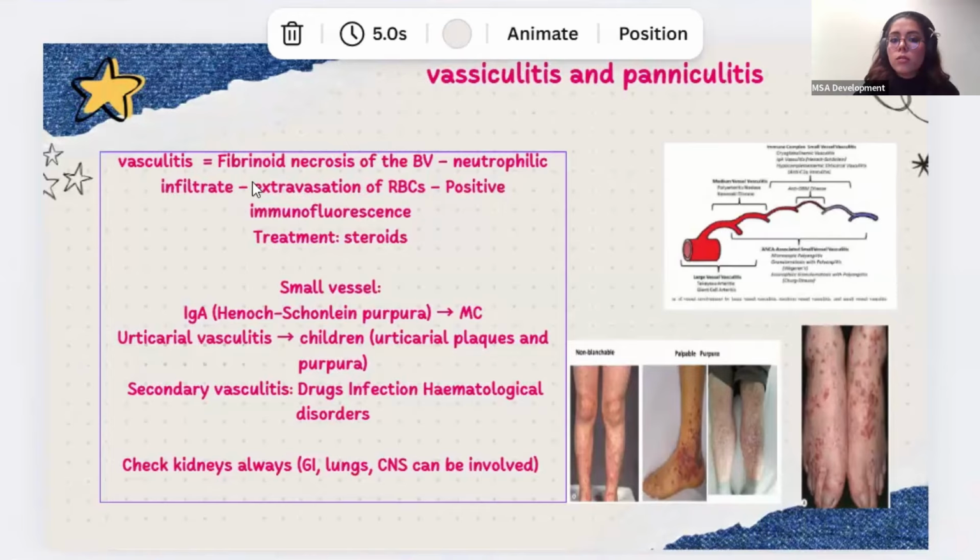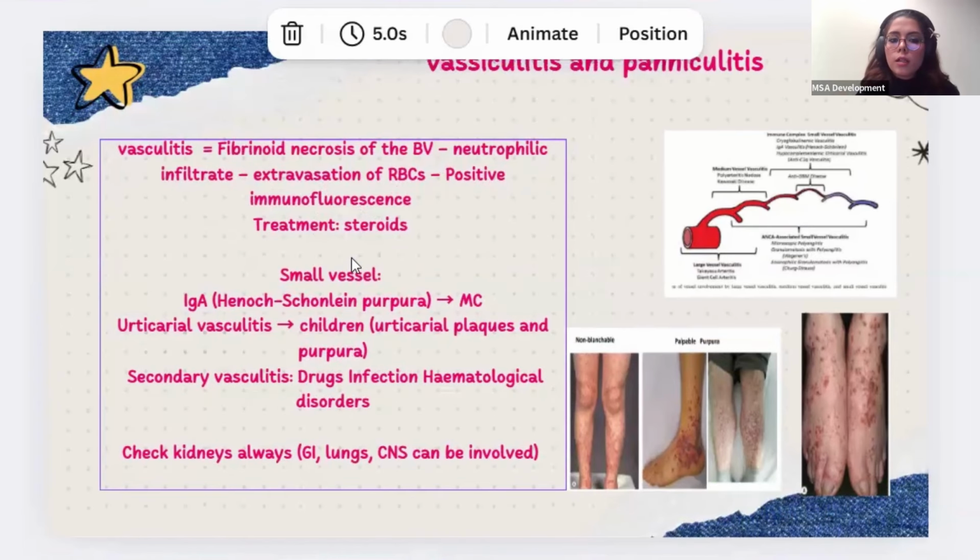Vasculitis is a fibrinoid necrosis of the blood vessel. There's a neutrophilic infiltrate, extravasation of RBCs, and positive immunofluorescence. Treatment is always steroids. For small vessel, there's IgA, which is the most common.